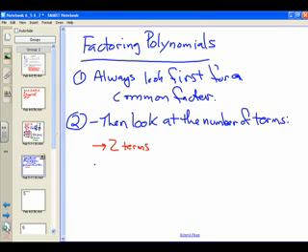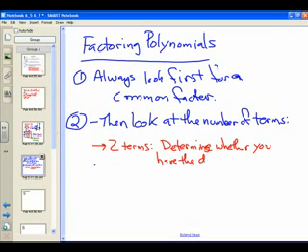If there are 2 terms, determine whether you have the difference of squares.